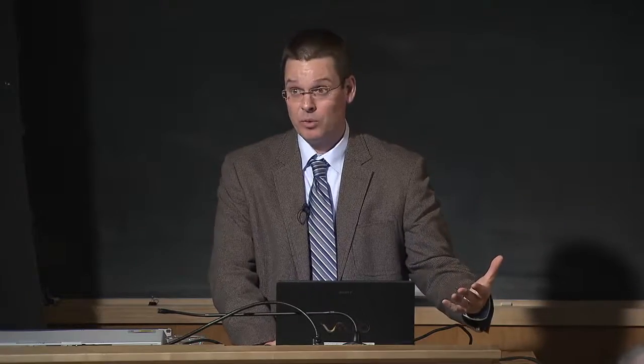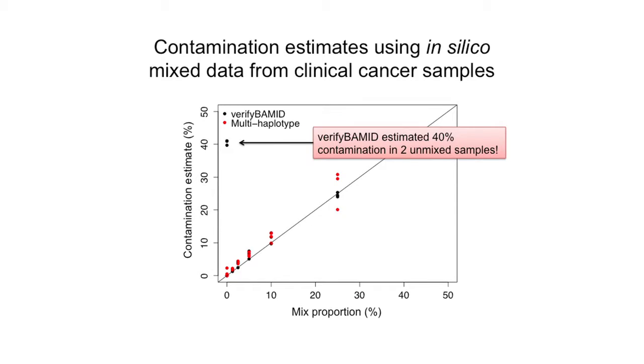An important question is whether this works in cancer samples that have aneuploidies and other copy number changes. This is a very similar experiment, but it's an in silico experiment where I took data from hopefully pure cancer samples and mixed them at different ratios and then estimated the contamination. Again, the two methods perform fairly well.